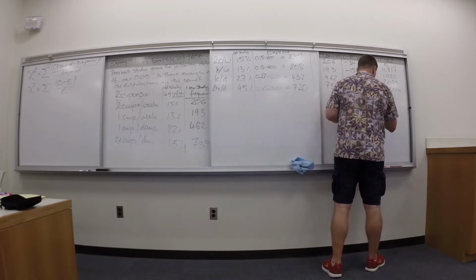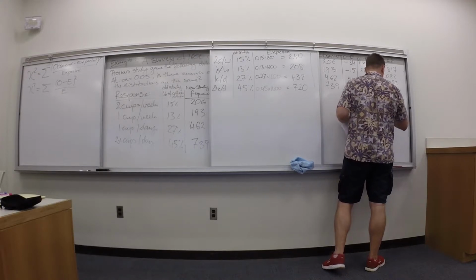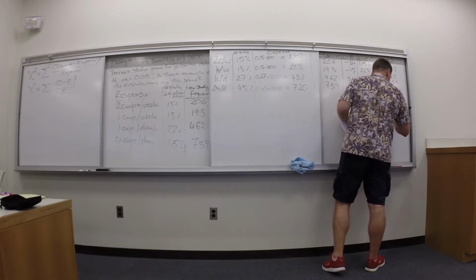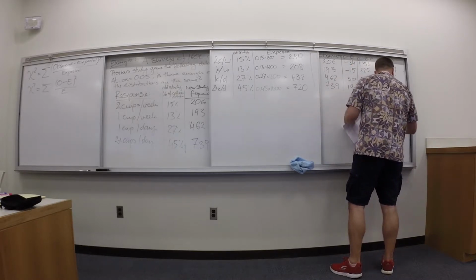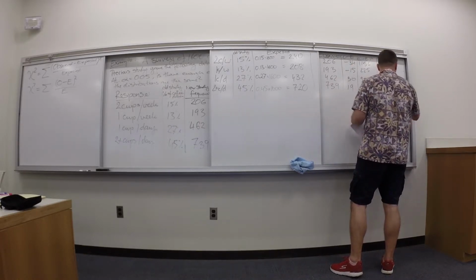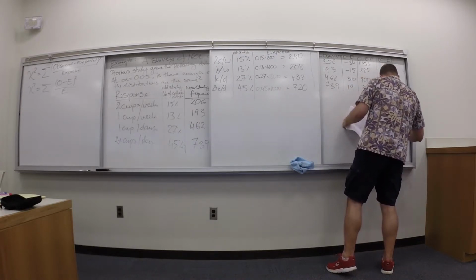Which means that the sum of observed minus expected squared divided by expected equals, and I got the sum of this, 8.483.